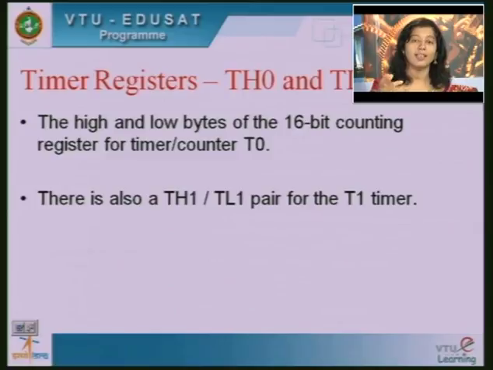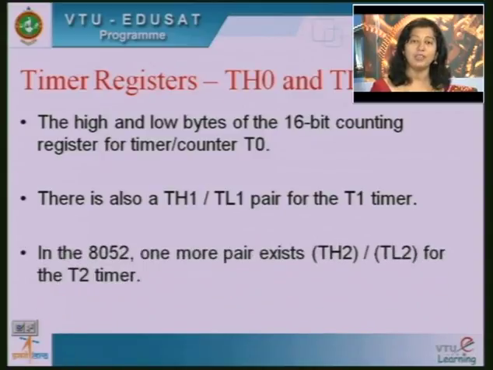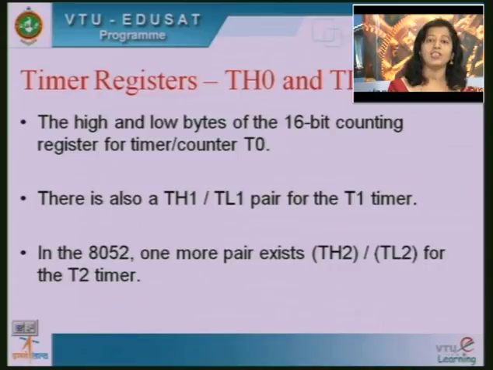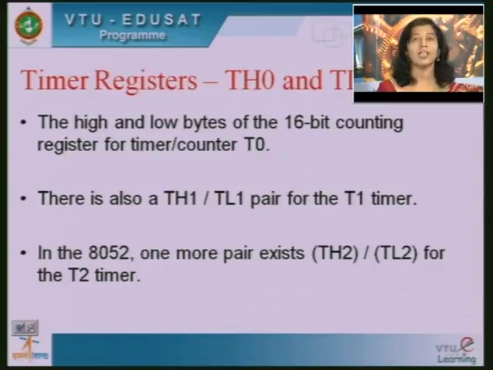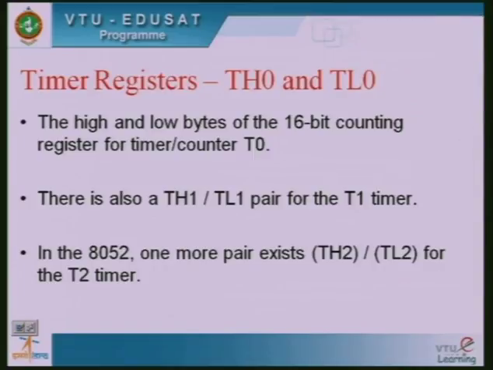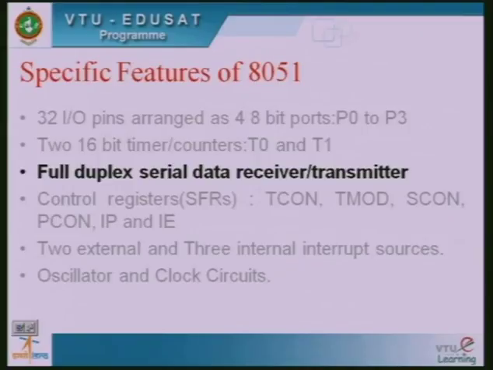Similarly, for timer 1 we have TH1 and TL1, and in the 8052, which is a higher version of the 8051, we can have TH2 and TL2. So, just remember, a timer can be used to generate waveforms or it can be used to count events. So, that is about the timer.